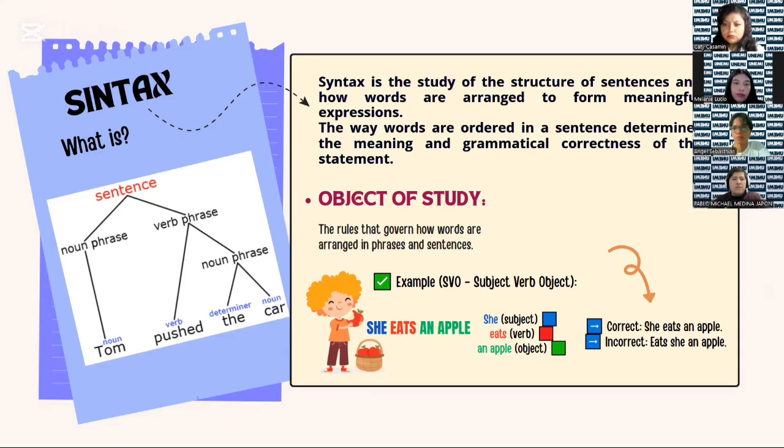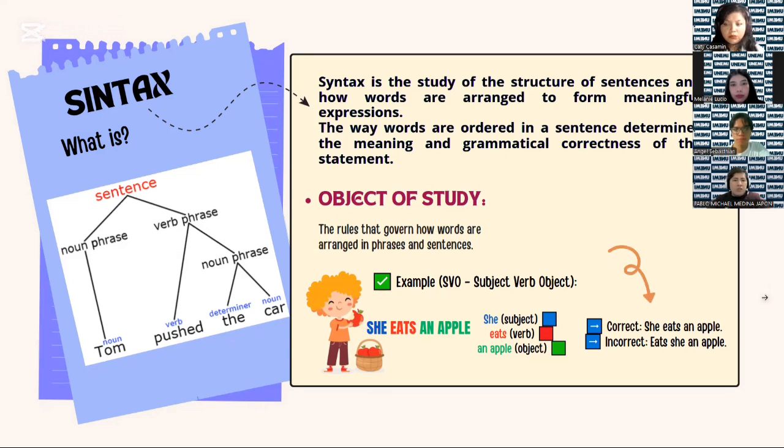Or the sentence might not even make sense anymore. The object of the study of syntax is the rules that determine how words are combined into phrases and sentences. Let's look at this simple example. She eats an apple. Here we can identify the structure known as SVO in English: subject, verb, and object.